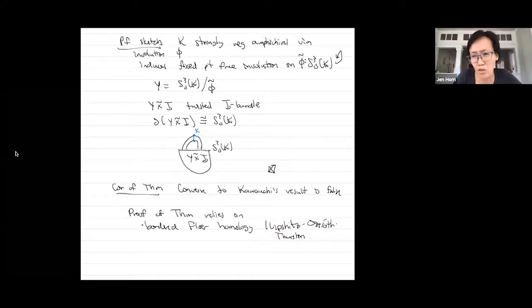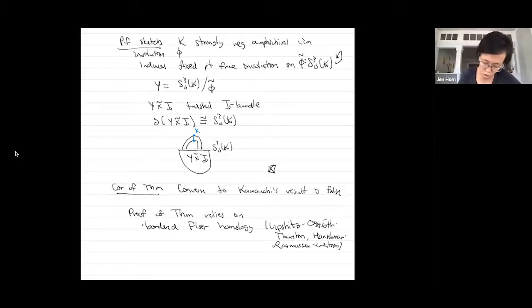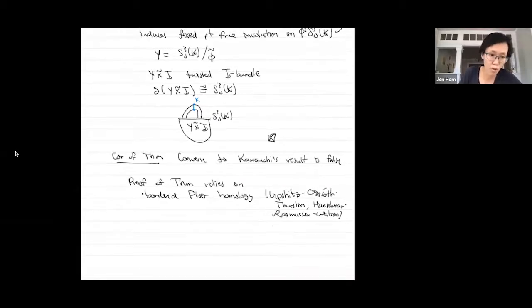The way we use bordered Floer homology, we use the interpretation in terms of immersed curves, so it's due to Hanselman, Rasmussen, and Watson. And in particular, since we're considering cables of the figure eight, we use Hanselman-Watson's description of cables in terms of immersed curves. So it's this bordered Floer homology computation of the knot Floer complex of these 2n+1 cables of the figure eight.